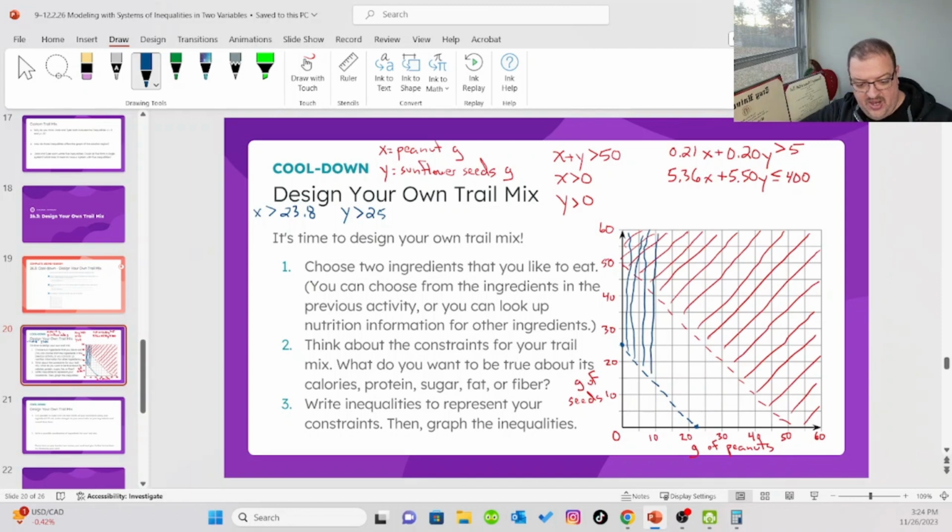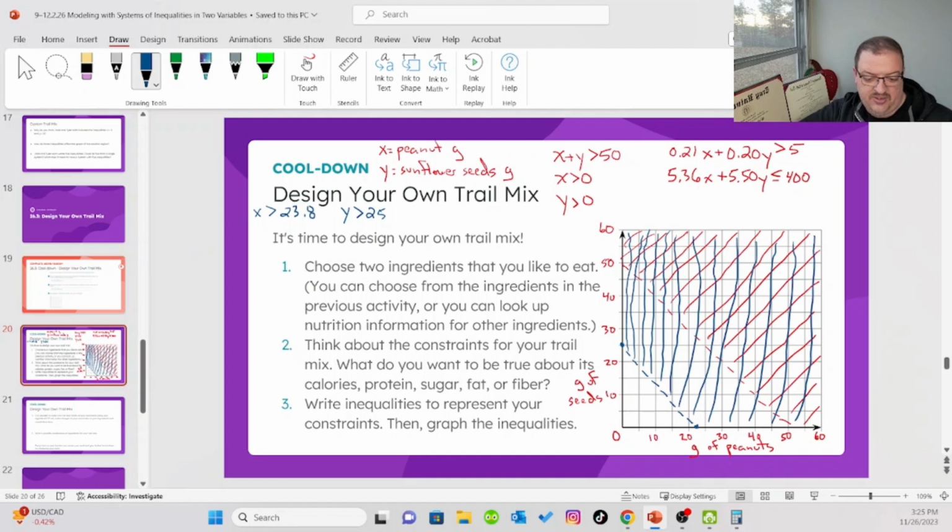So now I've got a double shaded area, which is red and blue, and that would satisfy total ingredients and protein. But I still need to graph the area that satisfies calories.